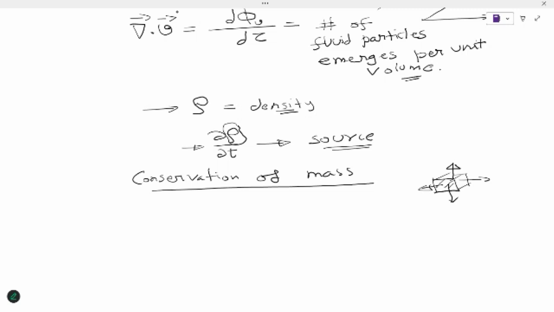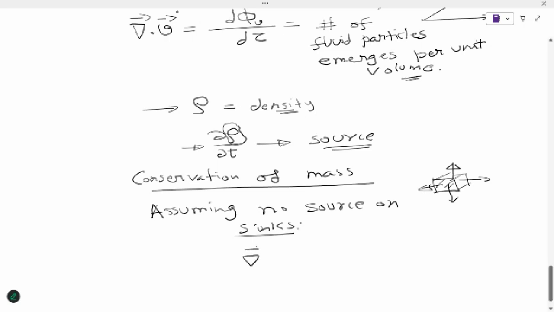So assuming no sources or sinks, the divergence of v becomes equal to minus del rho by del t.